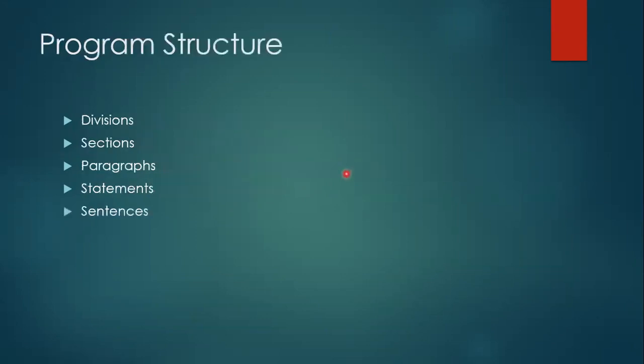Next thing, the program structure. How does the program look? Here we have divisions. Inside the divisions we have sections, under them paragraphs, under them statements, under them sentences. It's very similar to the English language. The way we are talking now is the same thing.